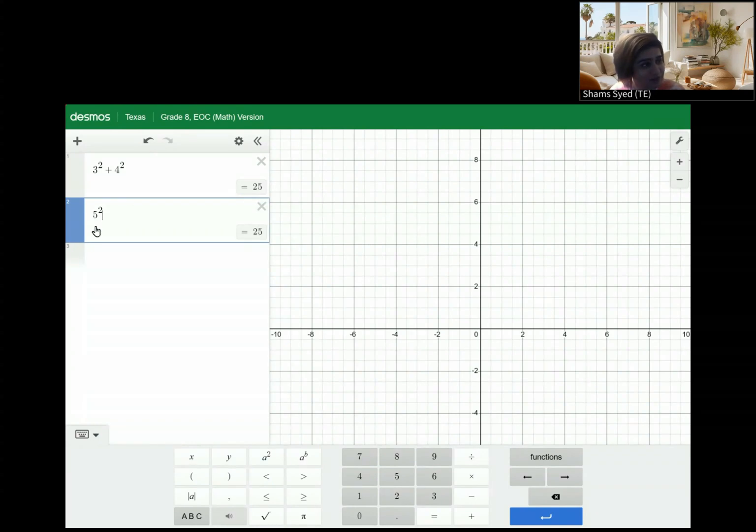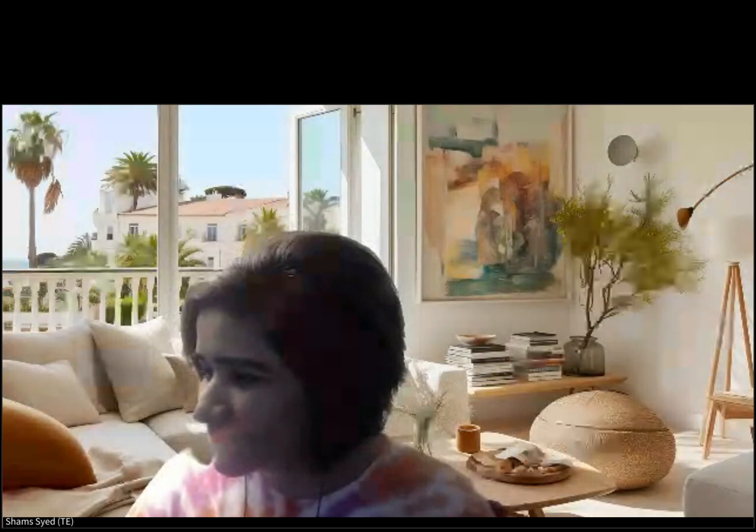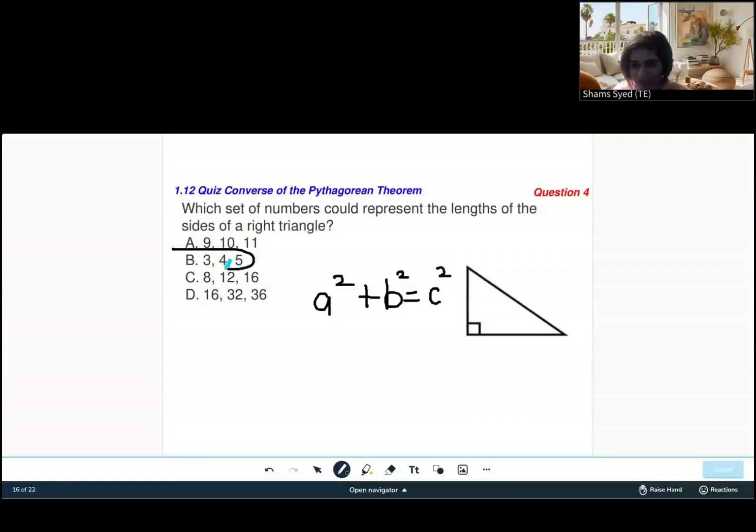The square of the longest side is also 25. B is a working answer. We can choose 3, 4, 5 as our Pythagorean triplet.